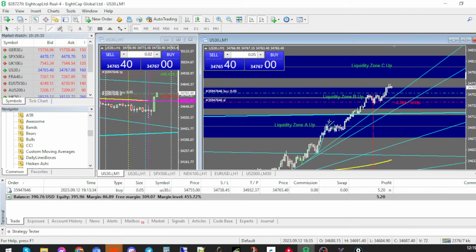Okay, I think this was the first break here. And then this was where we were supposed to get the second break, but we didn't get the second break to go short. Price went up. So we were looking for the second break. If after the second break, price goes back to the upside, then that's when we look to go long. So that's why I didn't go long on this one.